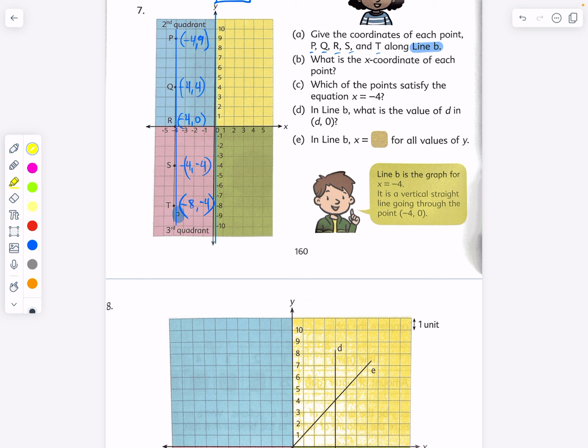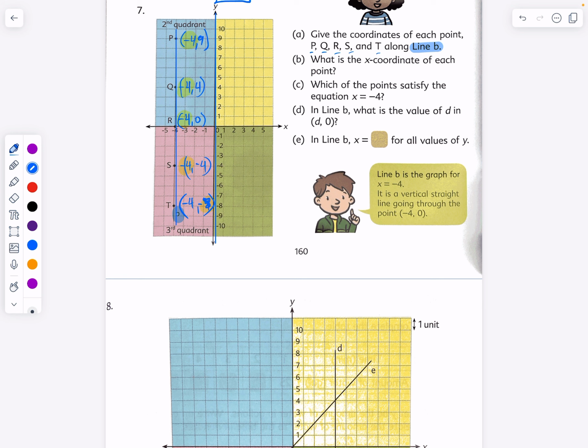I hope you got a chance to pause the video and think for yourselves, and I hope you notice that in this vertical line, the x values are the same. I noticed I made a mistake: this is -4, -8.